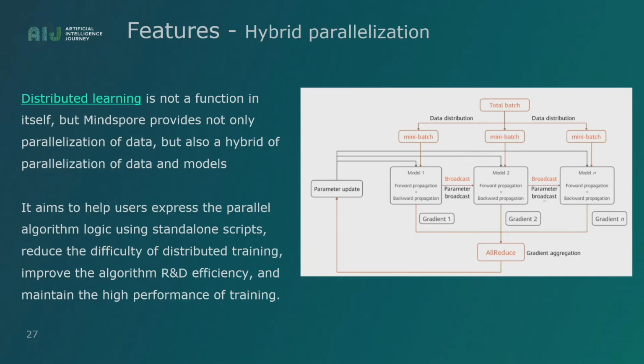Hybrid parallelization. The same diagram with data distribution in Mindspore. Mindspore provides parallelization of data, so we distribute not only the data, but we can also do parallelization of models, not just data, which sometimes is very convenient because models are very heavy, large and quite elaborate. It's very hard to put it on one device.